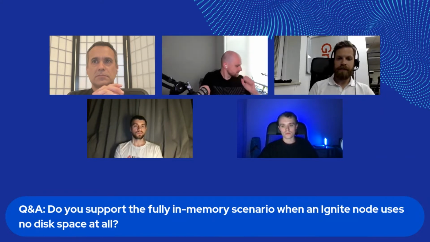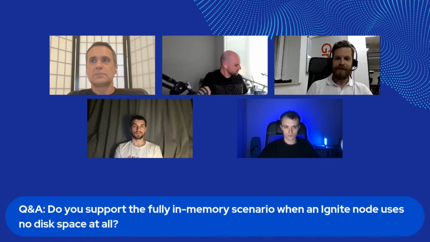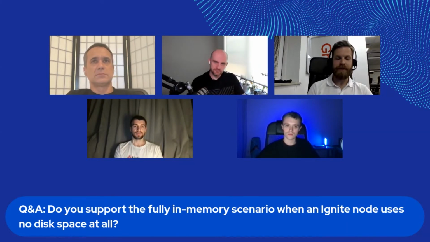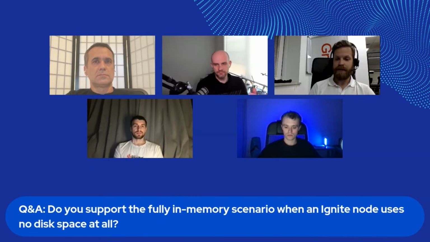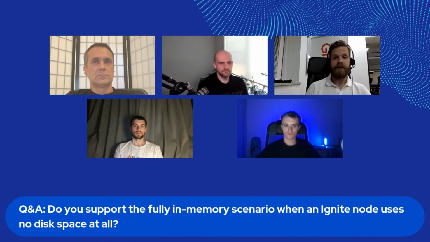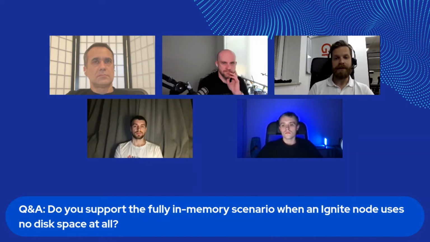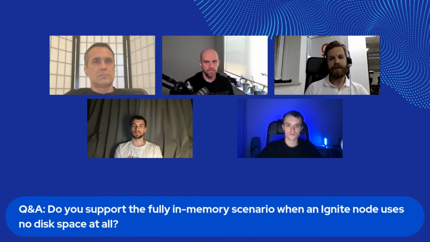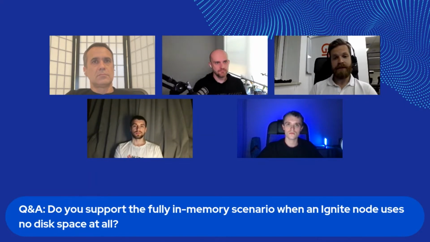It's a yes and a no, because we have ported the in-memory implementation from Ignite 2, so we can store the data in memory. But as Valentin said, we use Raft for the replication infrastructure, and the Raft protocol relies on a persistent log storage. And currently, we're still relying on that. So we're working on removing that.